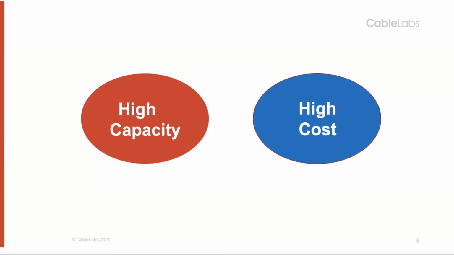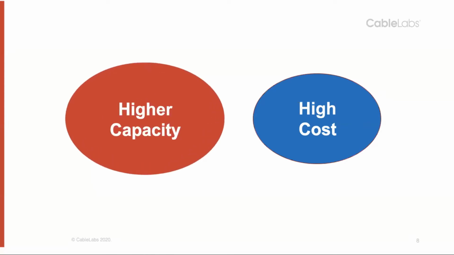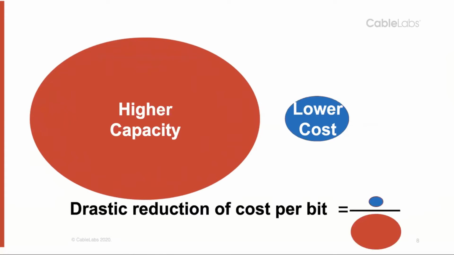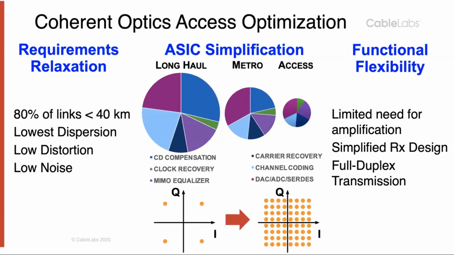But with access optimization, we are looking to increase the capacity of coherent optics technology, as well as simplification that will allow us to achieve lower costs. So ideally, we would like to leverage these features to drastically reduce the cost per bit of these optical access networks. Some examples of how to achieve that.